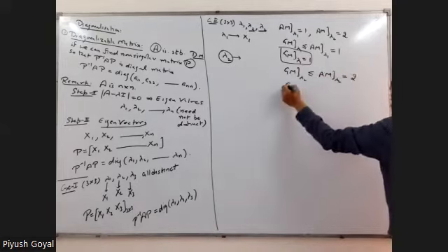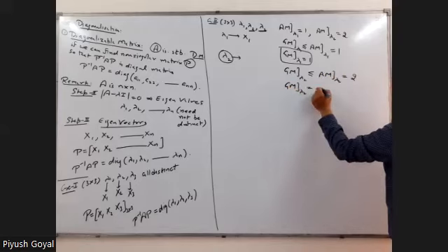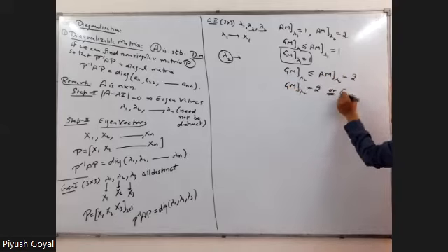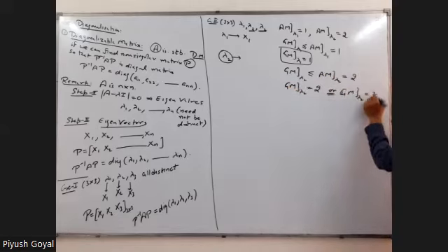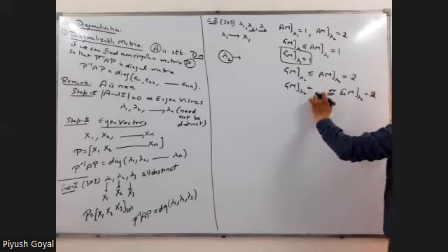Therefore you have two cases: geometric multiplicity is 1 or geometric multiplicity is 2.